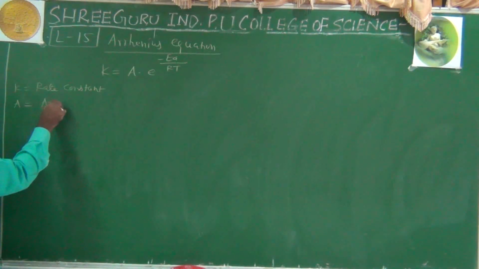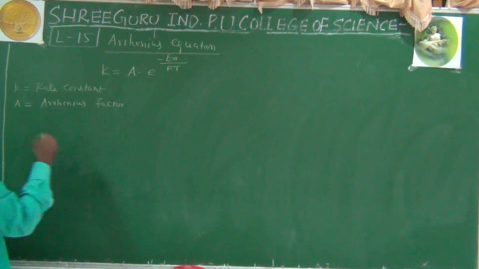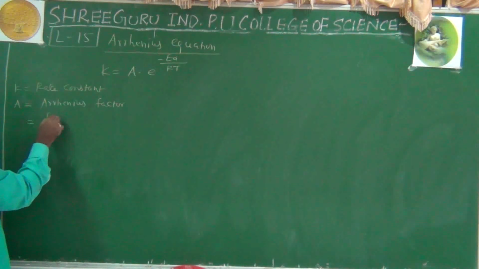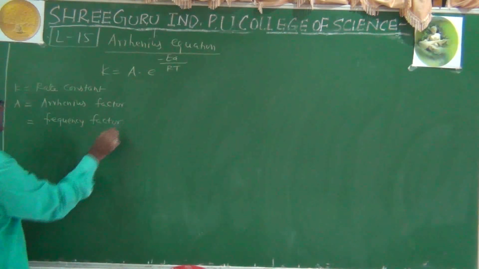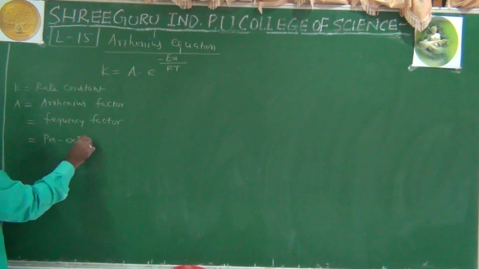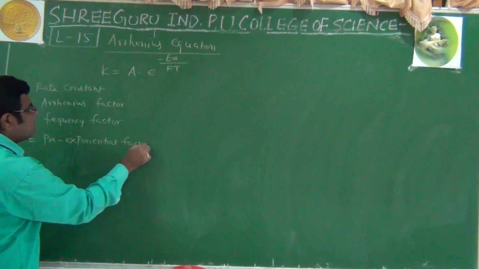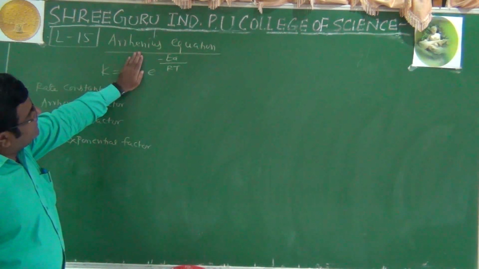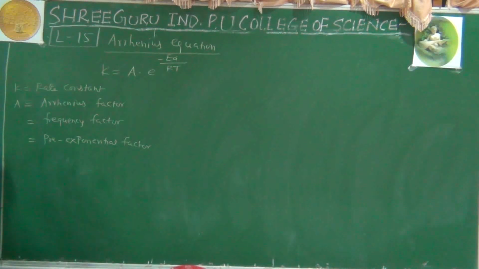A equals, we call it the Arrhenius factor, because Arrhenius has given this equation, or it is called the frequency factor, or it is also called the pre-exponential factor. Why is it called the pre-exponential factor? Because this is the exponential factor and it comes before that. That's why it is the pre-exponential factor.